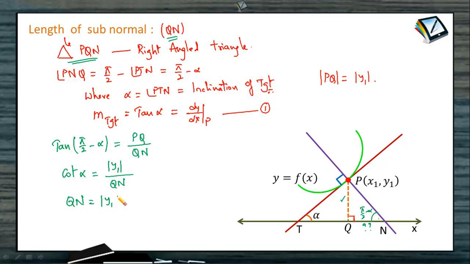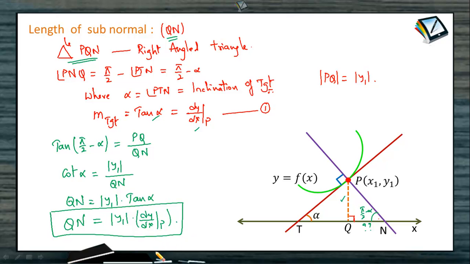Qn length would be mod y1 times tan alpha, but we know that the value of tan alpha is nothing but the derivative at the point P. So we can write the length of subnormal Qn is mod of y1 times dy by dx at the point P. Are we able to calculate the length of normal or subnormal also? Yes, this is the projection of the normal on the x-axis, which is of length mod of y1, the ordinate, times dy by dx, that is the derivative of the curve at the point P, right?